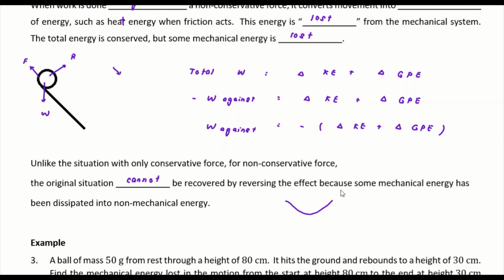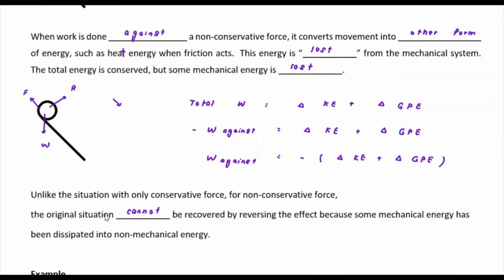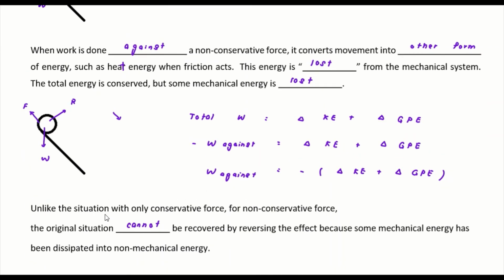But in this case, if you have a non-conservative force, it cannot be recovered, because some of the energy changes to non-mechanical energy. Imagine if you already changed the fuel from chemical energy to mechanical energy, you wouldn't be able to slow down and then have the fuel increase. That is not logical, right?